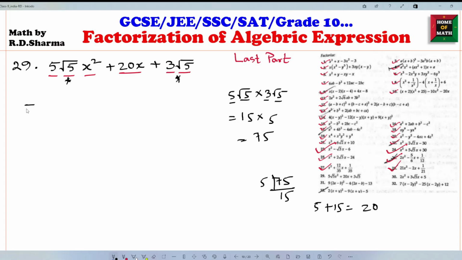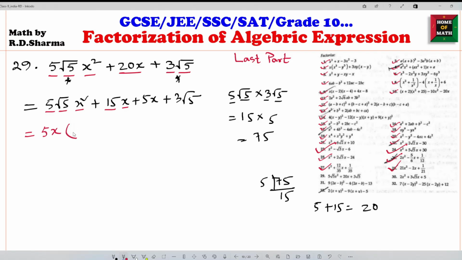So we can write it like this: 5 root 5 x square plus 15x plus 5x plus 3 root 5. Okay, now we have to take common factors. Look, here is 5 root 5 x square and here is 15x. What can we take common? We can take 5x common.